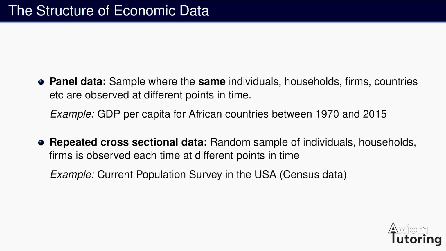Now, the final type of data set that you may come across is what we call repeated cross-sectional data. In this case, you have a random sample of individuals, households, firms, etc., that is observed each time at different points in time.